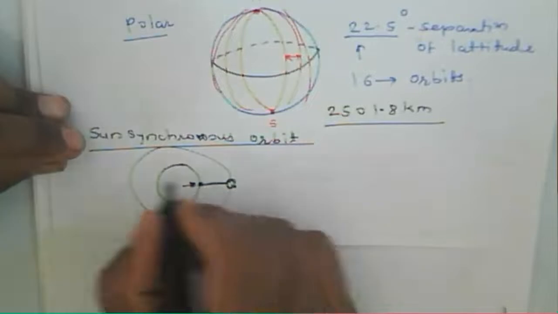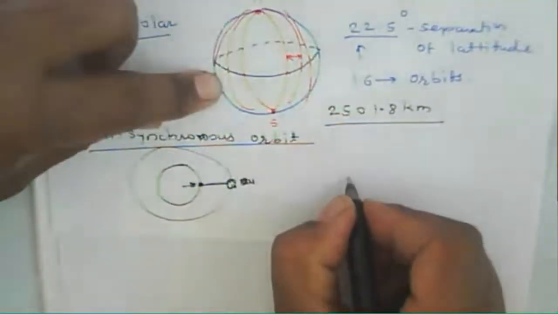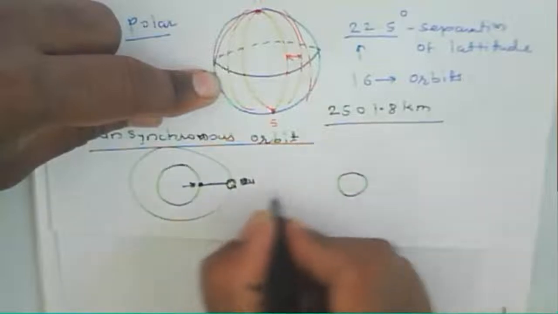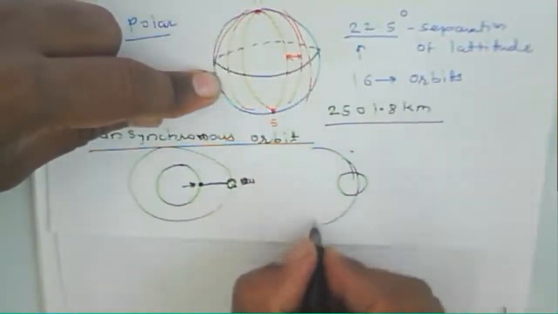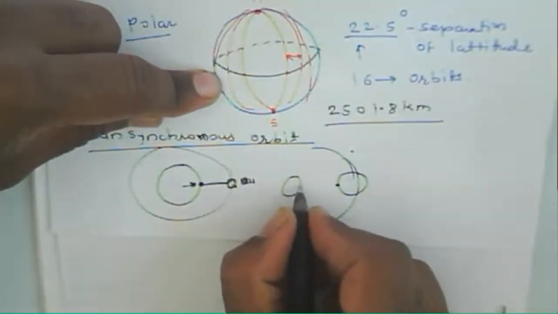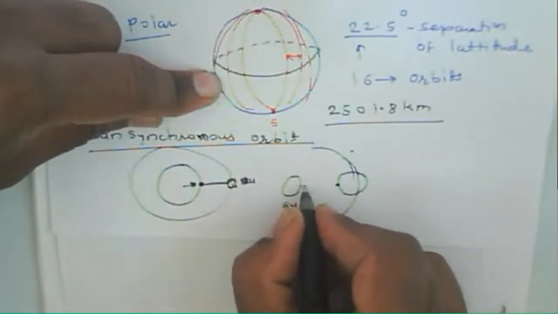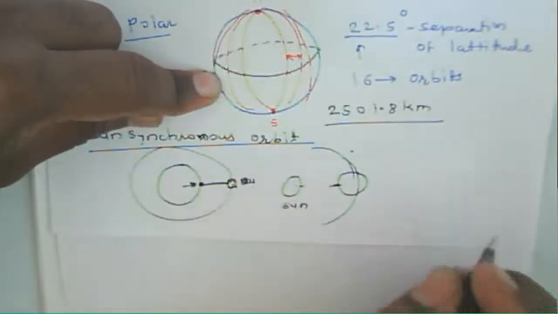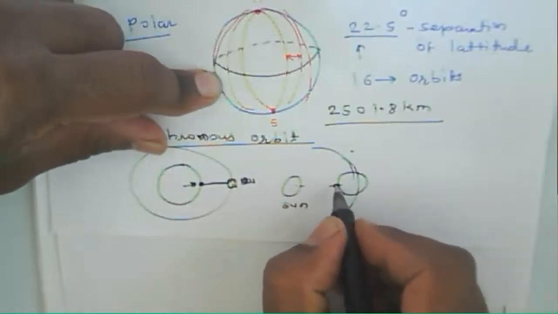If you consider it another way, suppose instead of a satellite, here we have the Earth, and the Earth is rotating around the Sun. Now at the observer, the Sun will be on the top of our head.